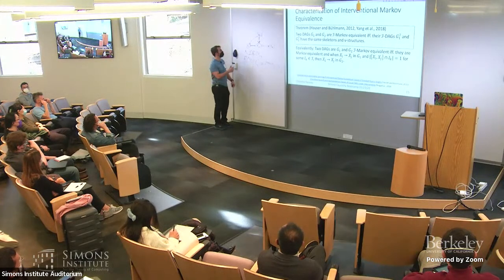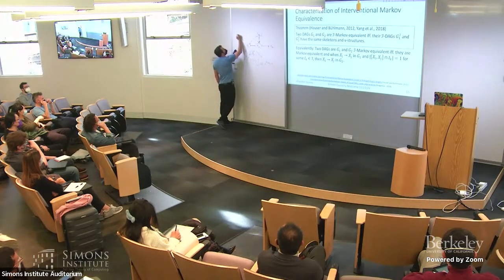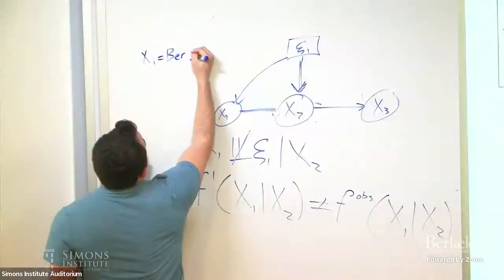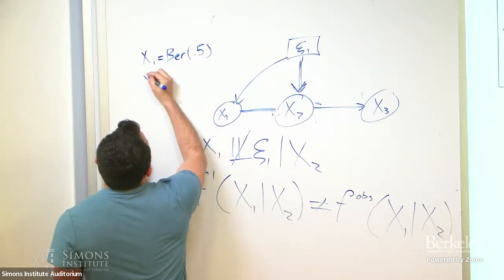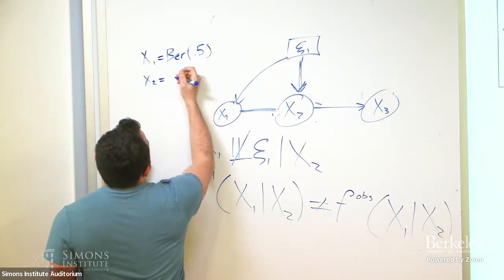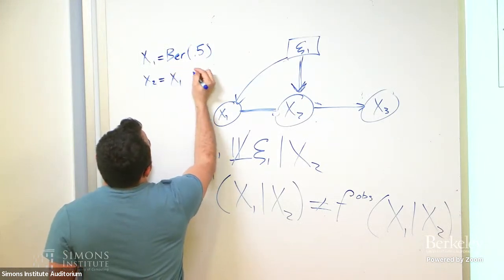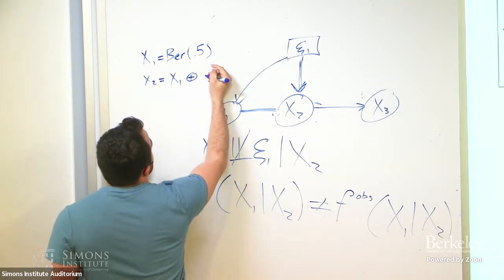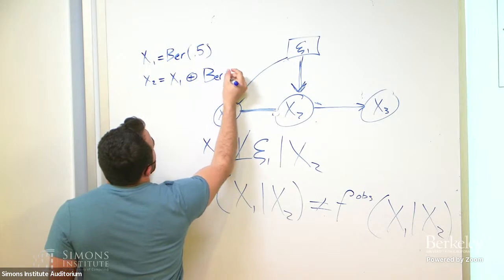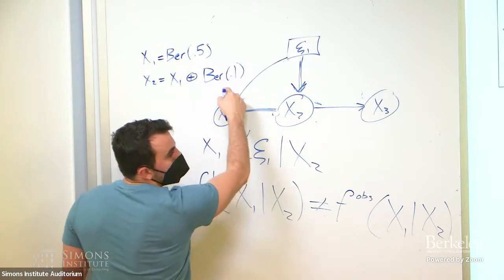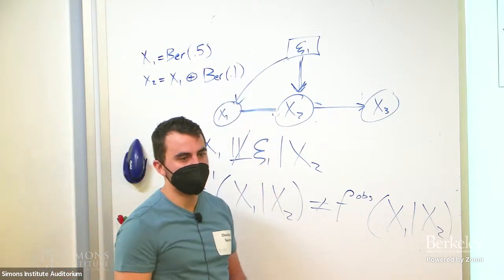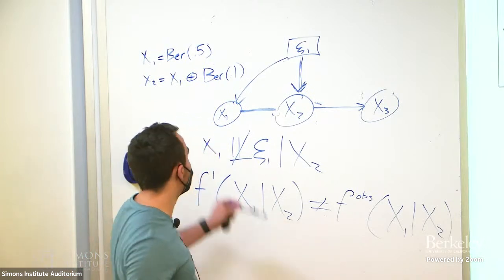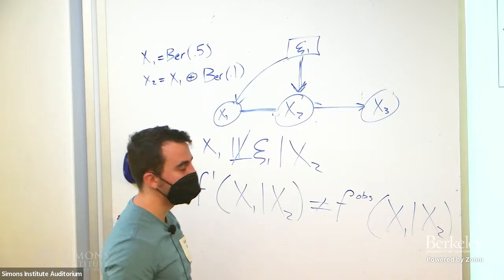So say that x1 was Bernoulli 0.5 and x2 was equal to x1 XORed with some other Bernoulli 0.1 variable. So 10% of the time, we flip the sign of x1 when we generate x2.